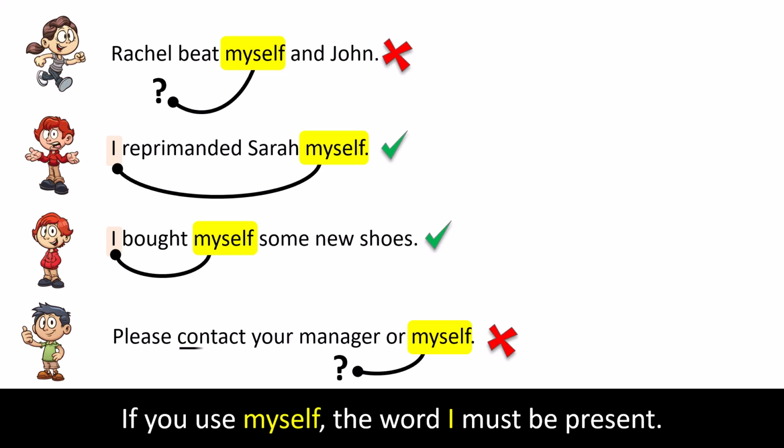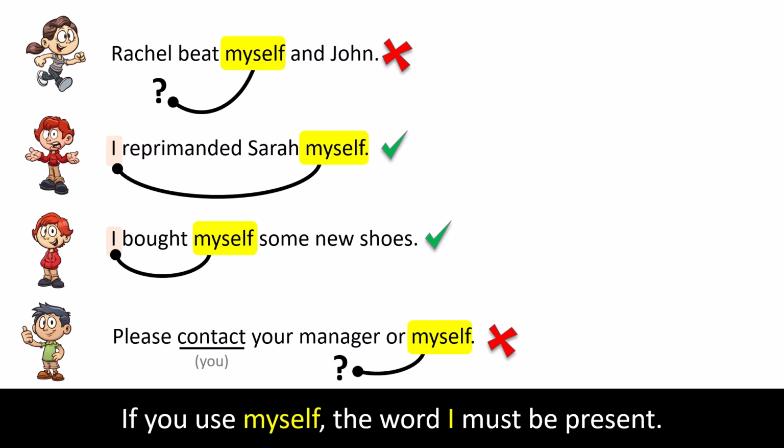So the verb contact is in the imperative mood. This means that the subject is an implied you. So with an imperative sentence like this, the only emphatic or reflexive pronoun you can use is yourself or yourselves. Pinch yourself. Pay yourselves, for example. Okay, hopefully you followed that bit.